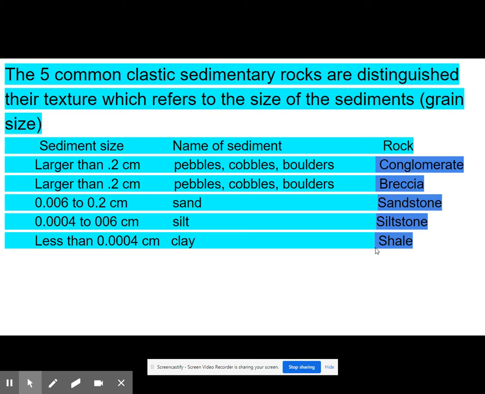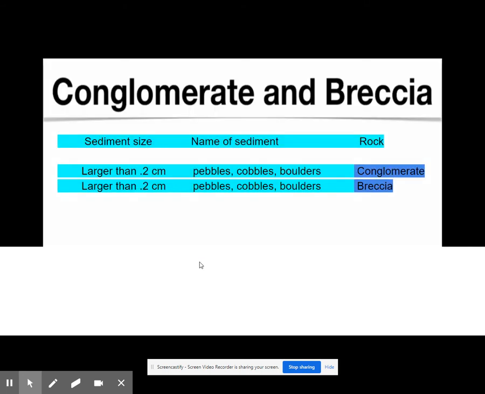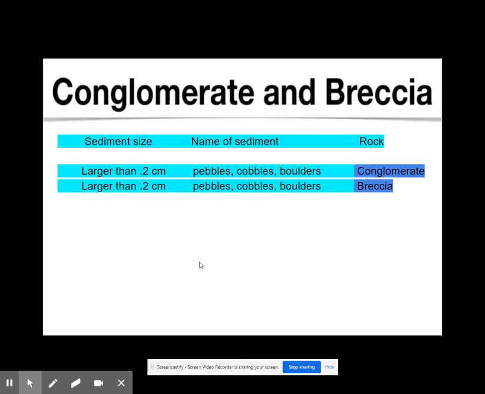If the particles are between 0.0004 to 0.006, that's silt, and that's going to create siltstone over time. And if the particles are less than 0.00004 centimeters, we have clay. And clay forms shale.